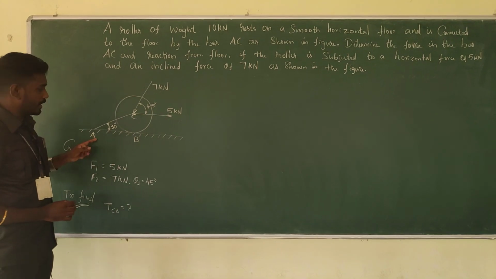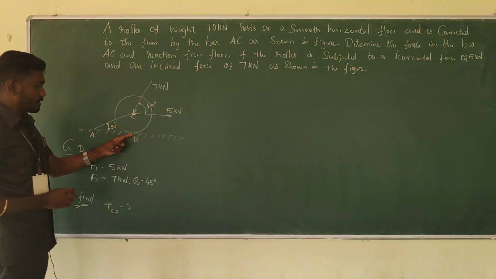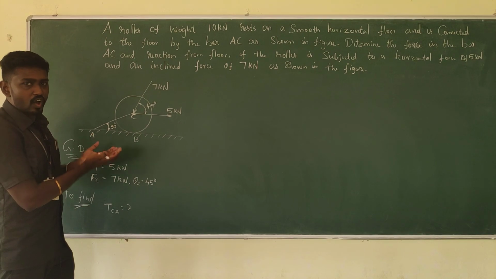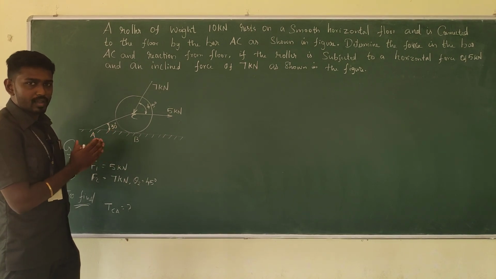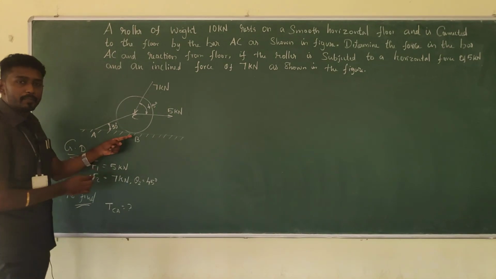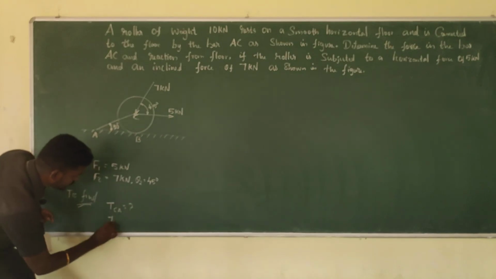And one more thing we need to find, the reaction from the floor. From the floor there will be a reaction. Whenever the body is having contact with a wall or floor or something else, right? So here at the point B there is a contact. So there will be a reaction. That reaction must be identified.